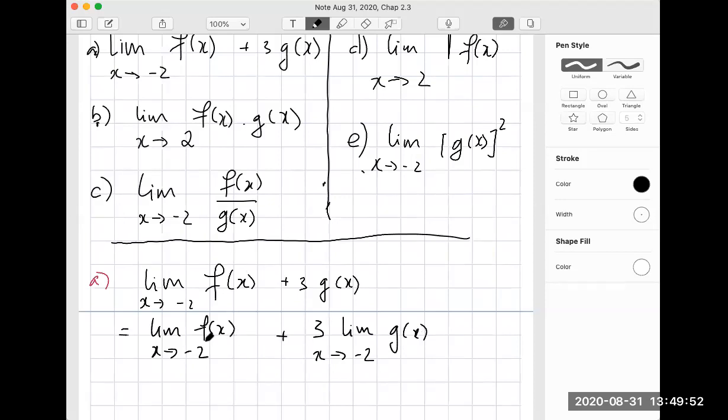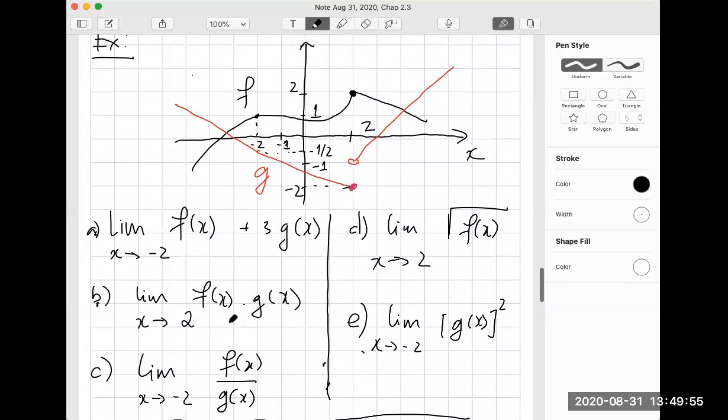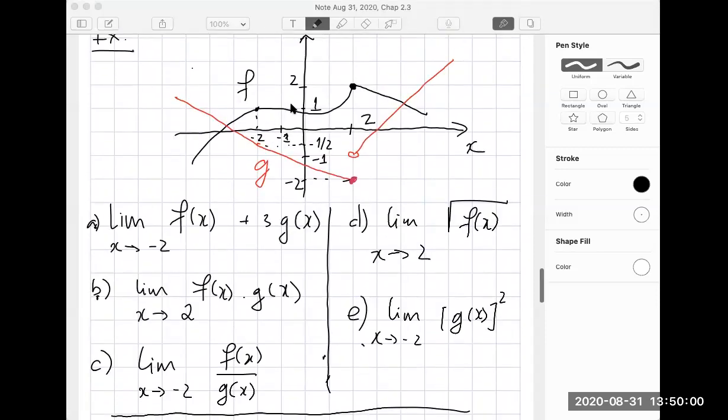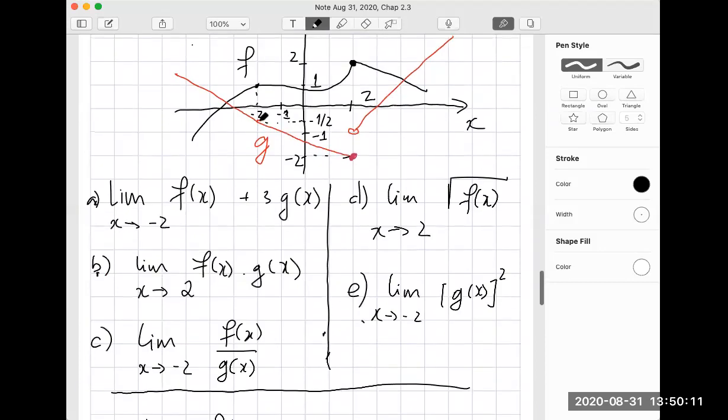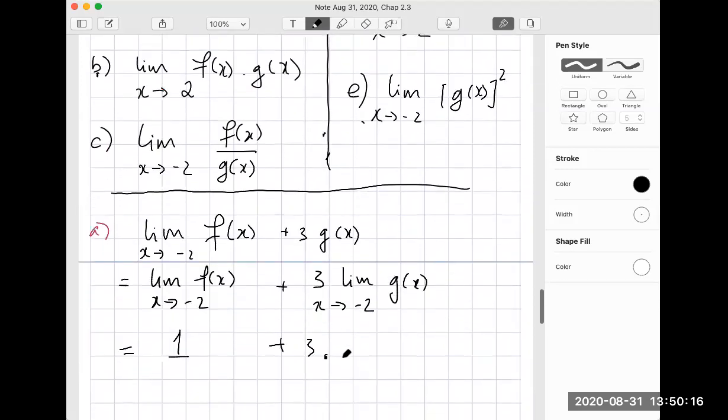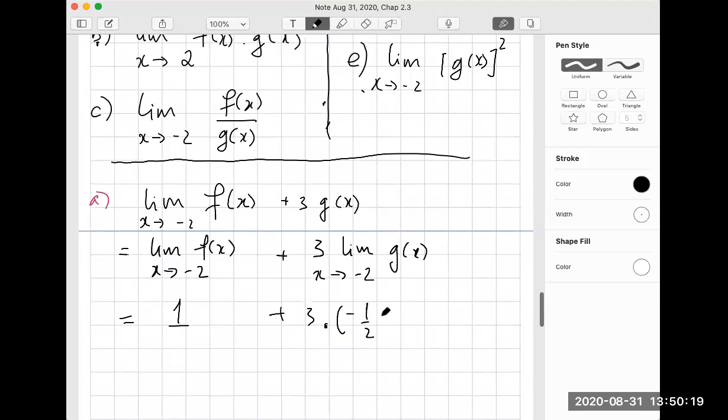Then f of x at -2 from the graph will be 1, right? Plus the number 3 times the limit of g of x when x approaches -2, which will be -1/2. So it means 1 minus 3/2, which gives us -1/2, right?